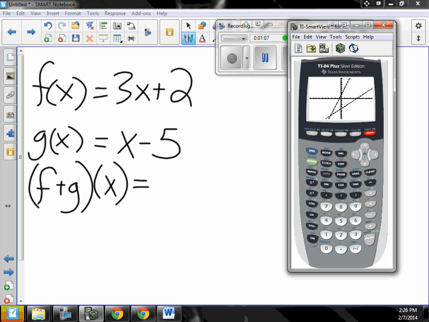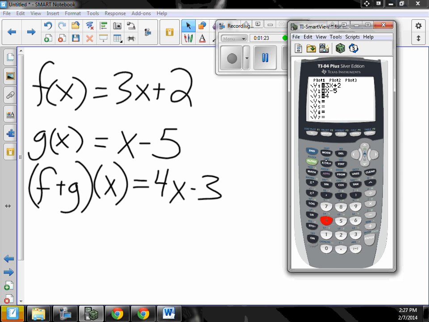If I just add these two functions straight up and down, 3x plus x is 4x, and 2 minus 5 is negative 3. So I'm going to draw that graph. 4x minus 3.